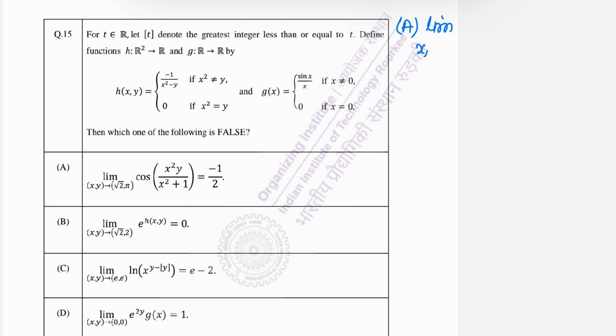a limit x comma y tends to root 2 comma pi of cos x square y by x square plus 1. Okay, and we have to check whether this limit is equal to minus 1 by 2 or not.